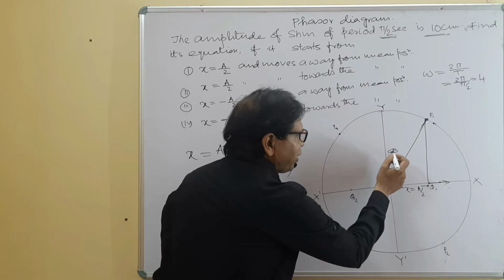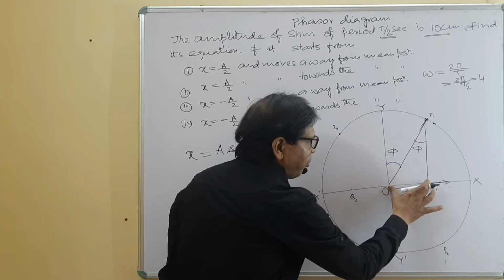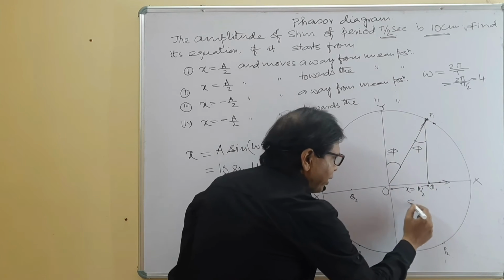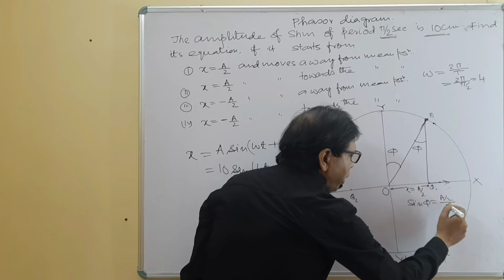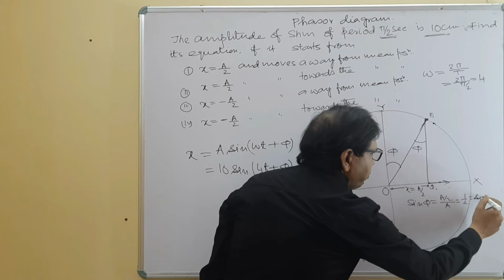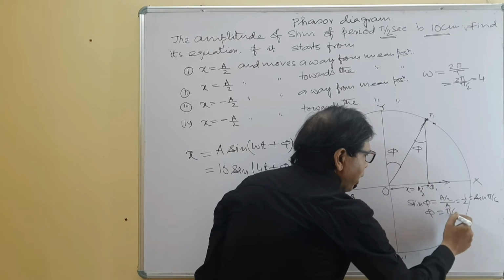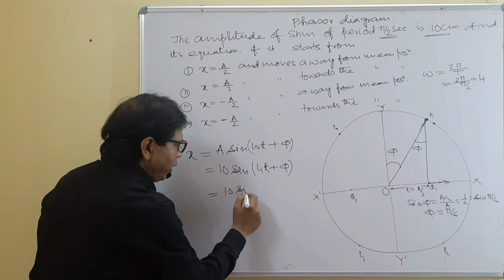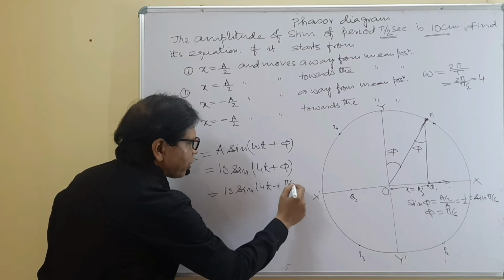This side is a by 2 and this is a, so sin phi equals a by 2 divided by a, that is half, equals sin pi by 6. So phi equals pi by 6, and the equation becomes 10 sin(4t plus pi by 6).